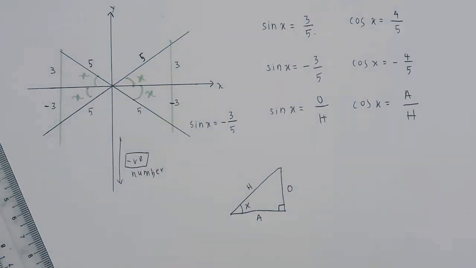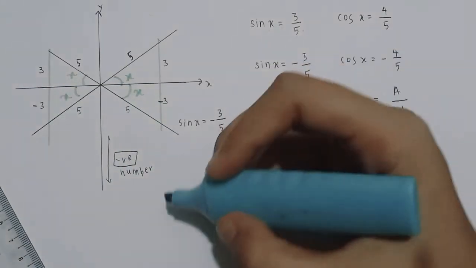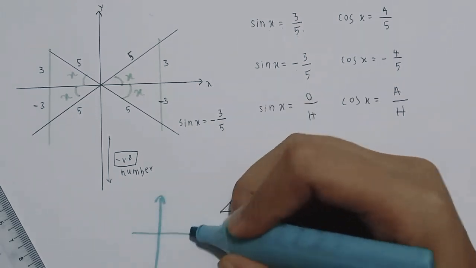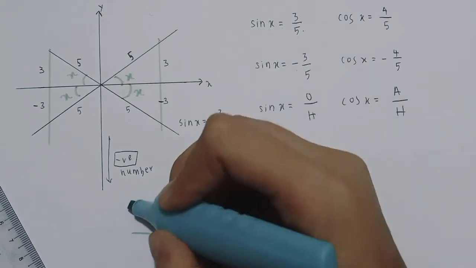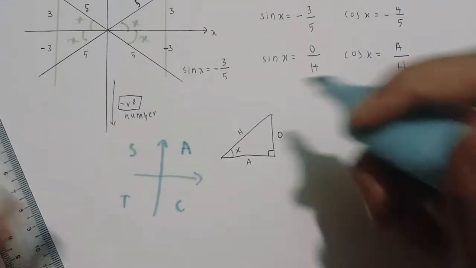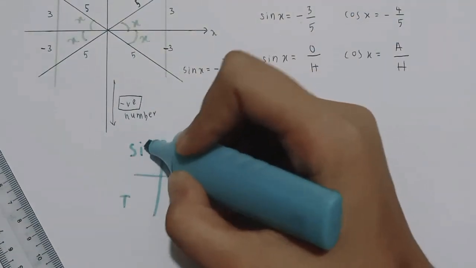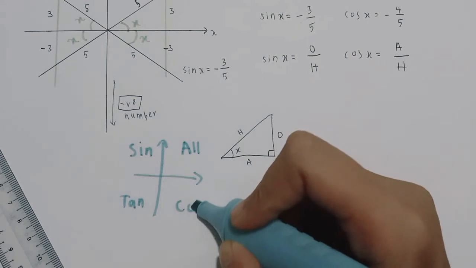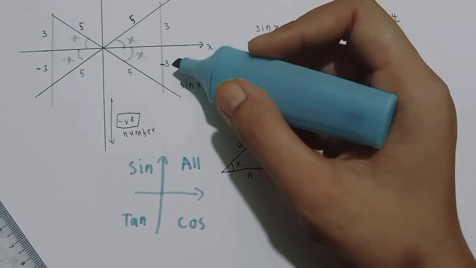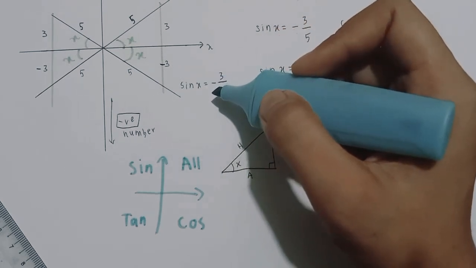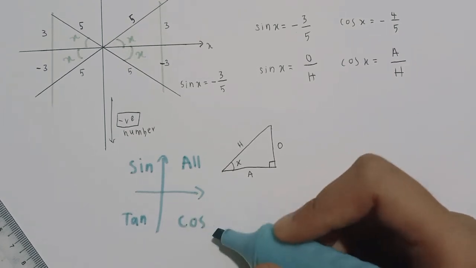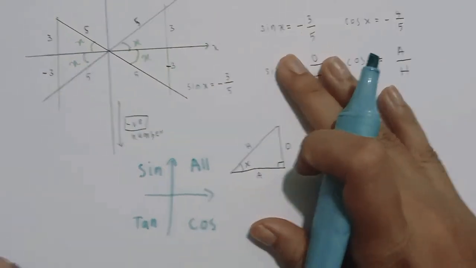So based on this, add sugar to coffee, which means this is all, sine, tangent and cosine. So for this one, we can see that here is negative for sine, so it is proven that here is negative for sine. It is only positive for cos.